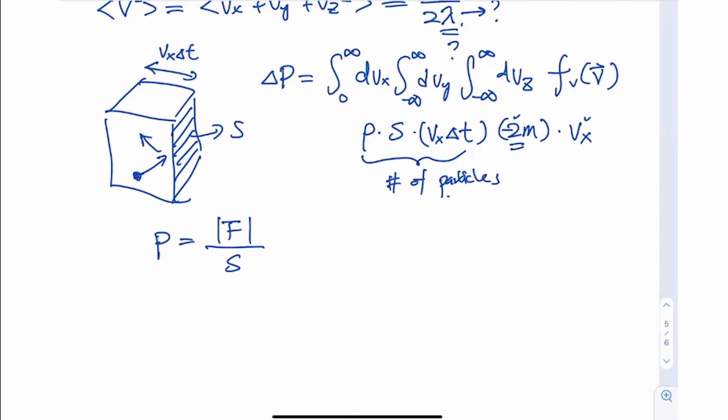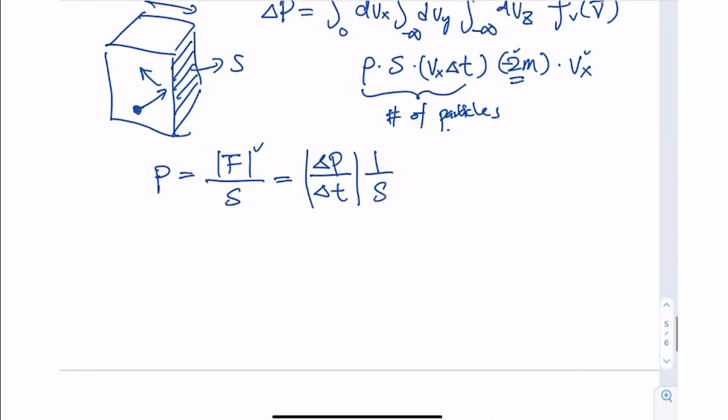So are there any other questions? Okay, good. So I'll just keep going. So the magnitude of the force is basically the change of momentum within this delta t time.